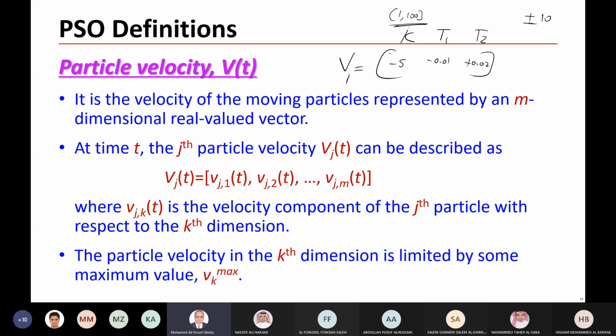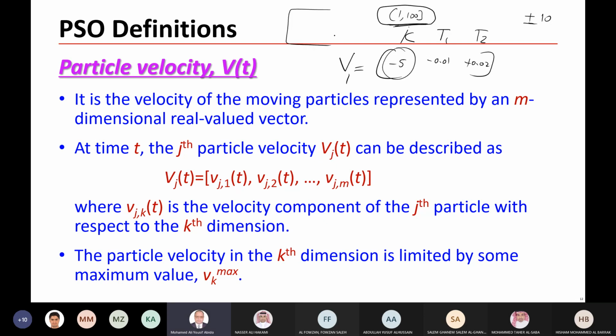As I mentioned, this is K. The range of K is from 1 to 100. You cannot allow this velocity to be from 1 to 100, even if you start randomly.